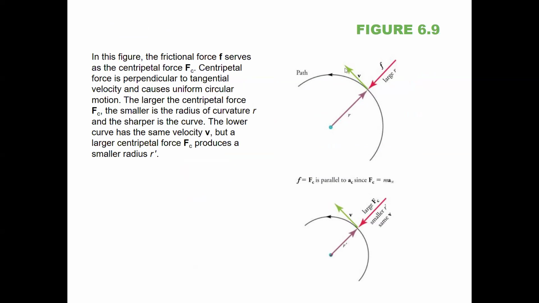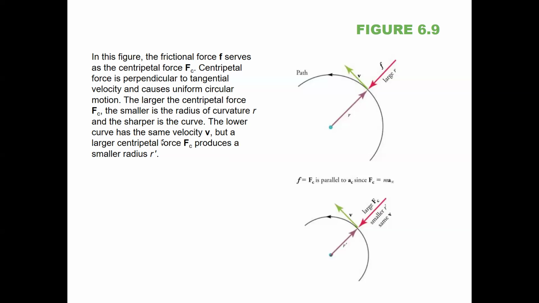This is my tangential velocity. The tangential velocity represents the instantaneous velocity at which this point is moving while we are in uniform circular motion.